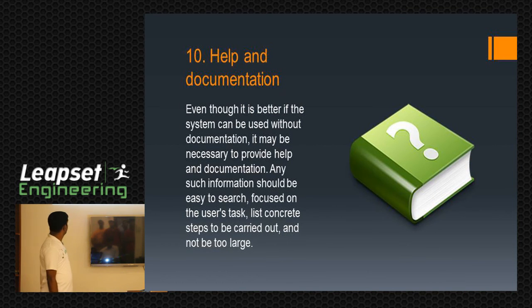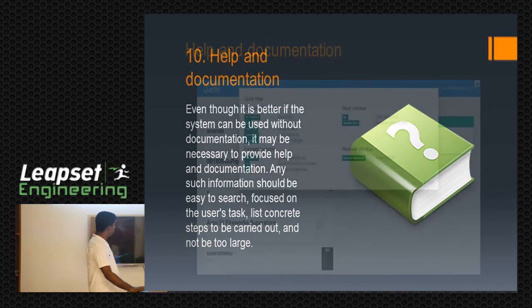The last heuristic is help and documentation. As you all know, good software has documentation on how to use it. So it's a really important feature. This helps users find advanced features, recover from errors, and use your software efficiently.